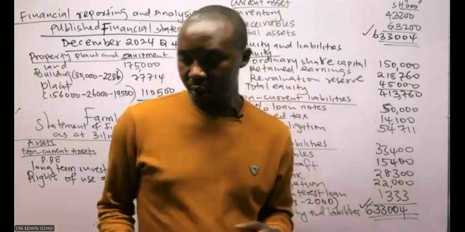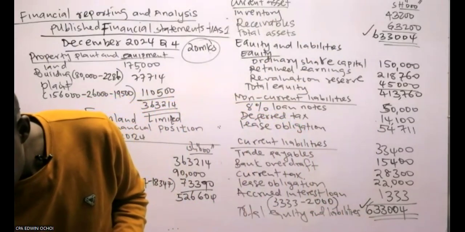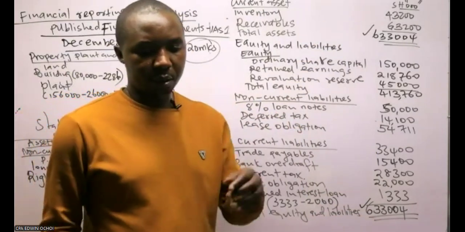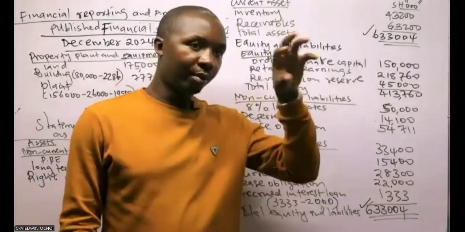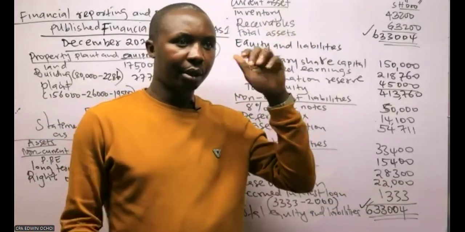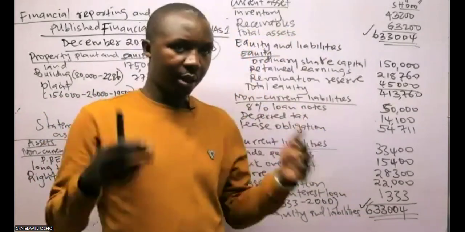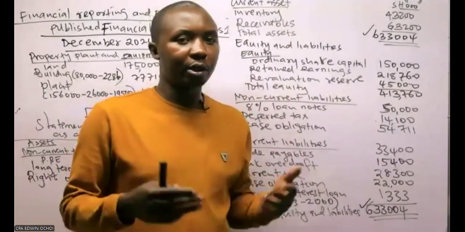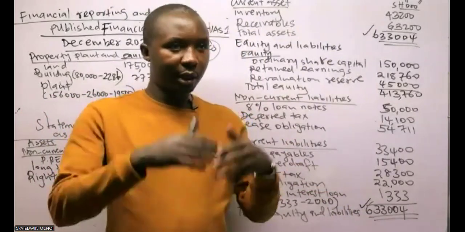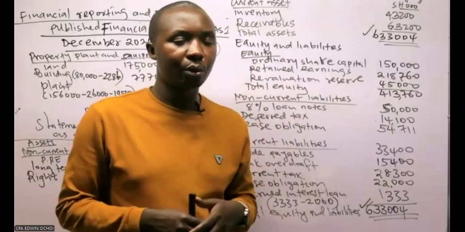Now you need to understand the statement of changes in equity. That format I drew, I tried to fix everything, even those items which were not present. So you understand how a statement of changes in equity looks like.